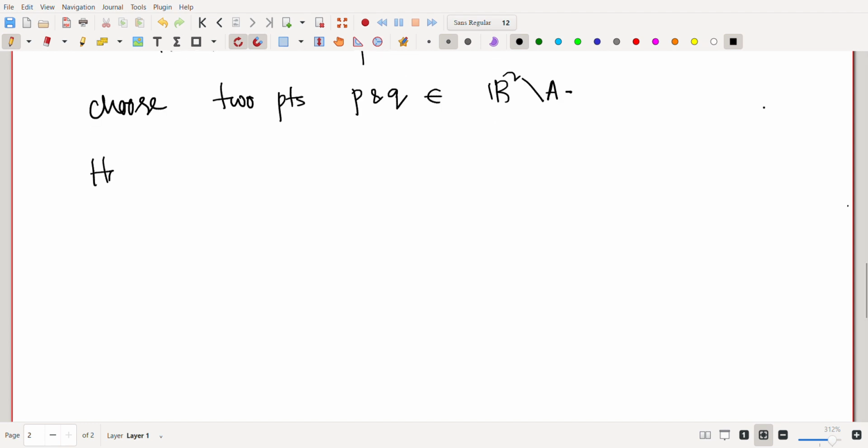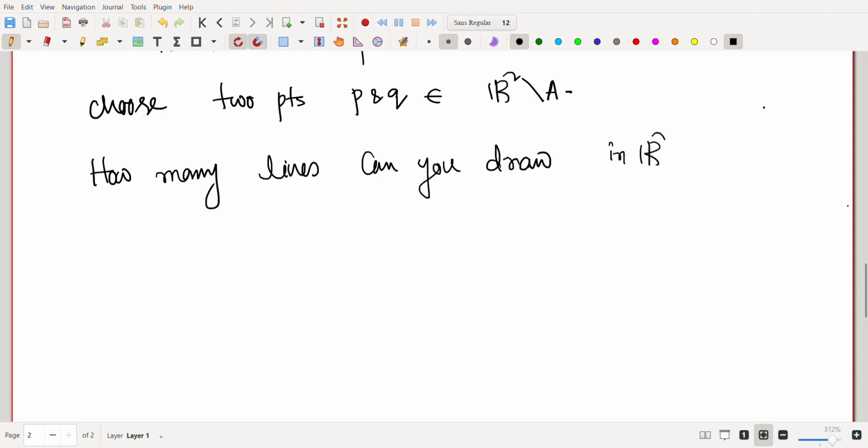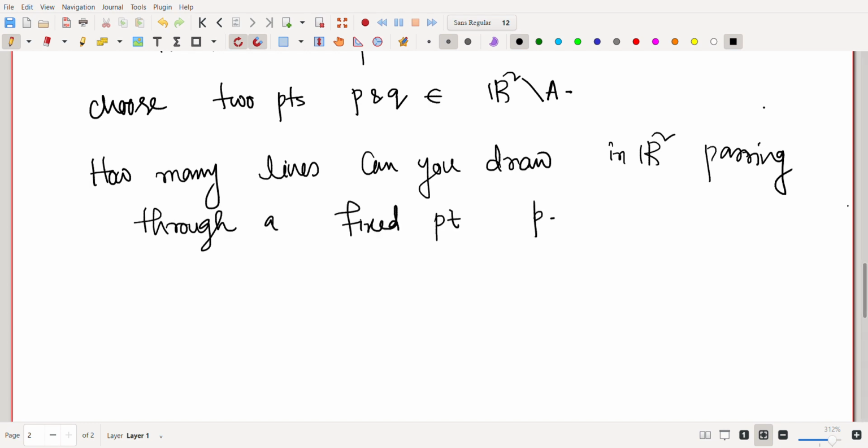Now, how many lines can you draw in R2 passing through a fixed point P?